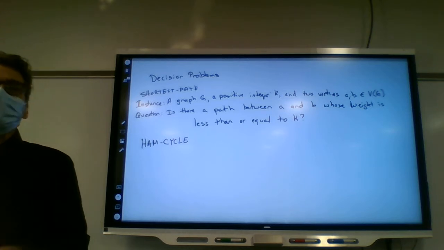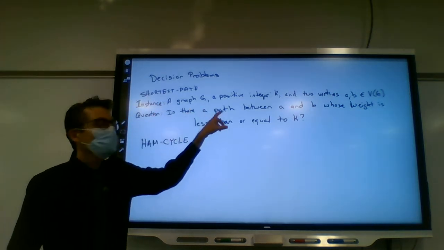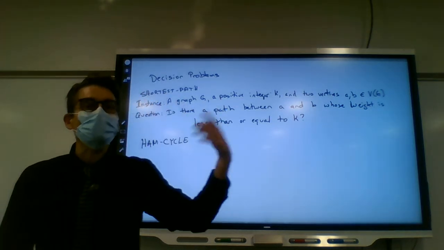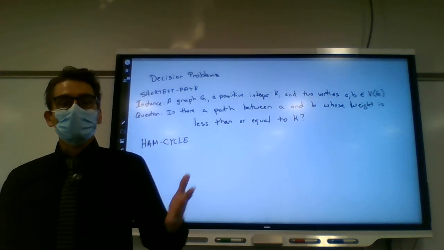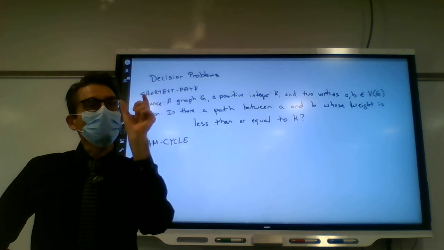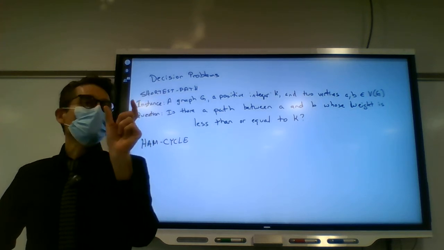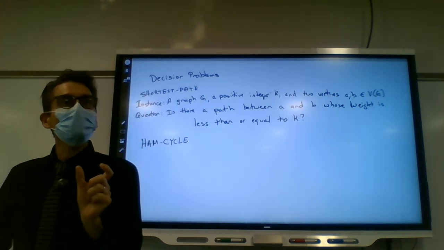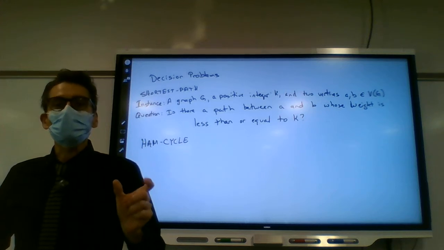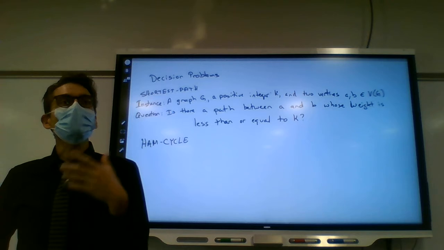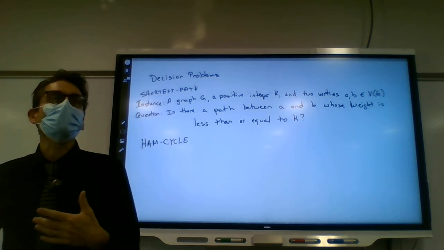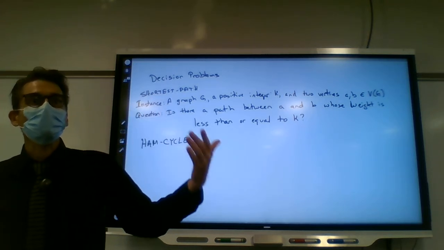Now, what could you do? If we could solve this problem quickly, we could just keep changing k and solve the problem again and again and again until we found that there is a path of this length and not one of the next smaller k, or not one for any k that's smaller than that. Right? So we could use it to solve the optimization problem by kind of repeating the process over and over.